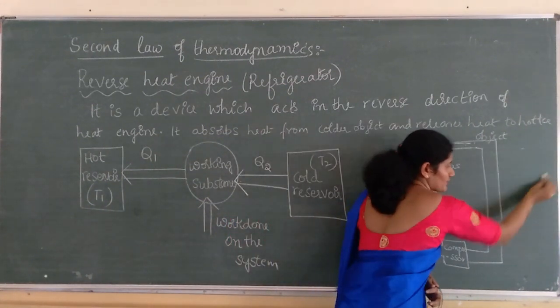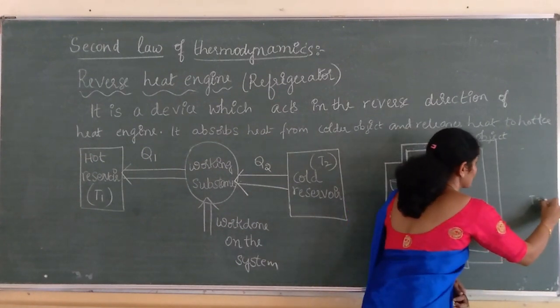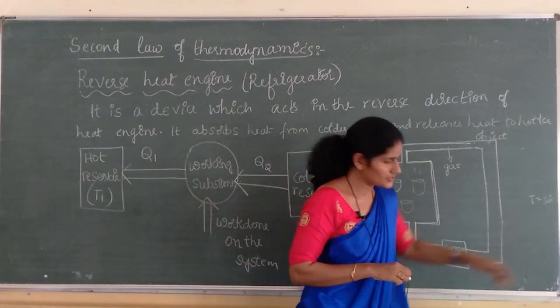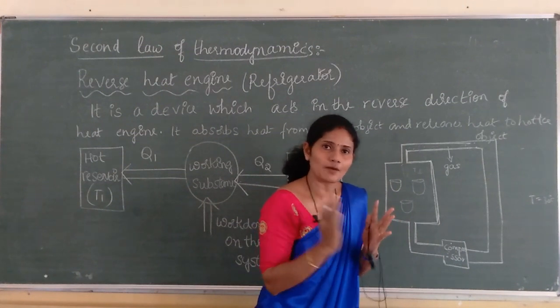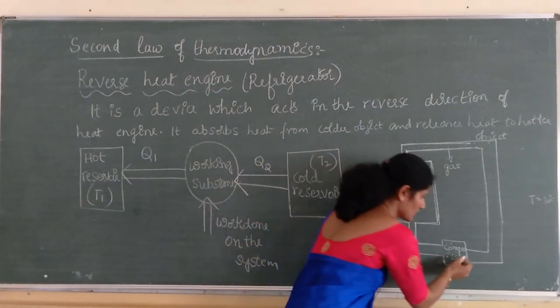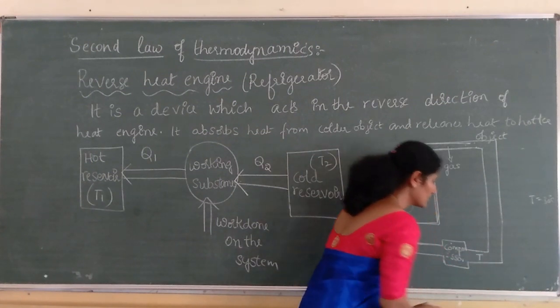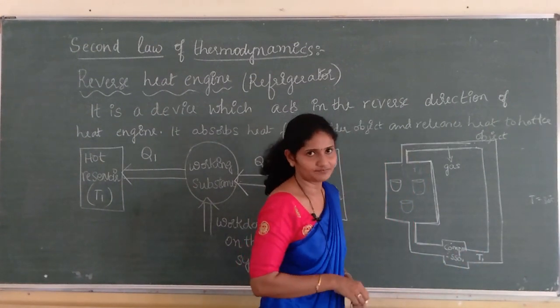So, this is the atmosphere. Say atmospheric temperature is 30 degrees Celsius. Inside the compressor, the gas is compressed, its pressure increases, temperature increases. So, here the temperature of the gas is T1.